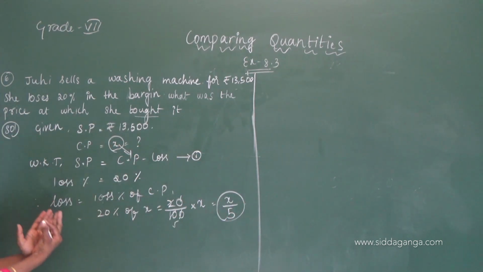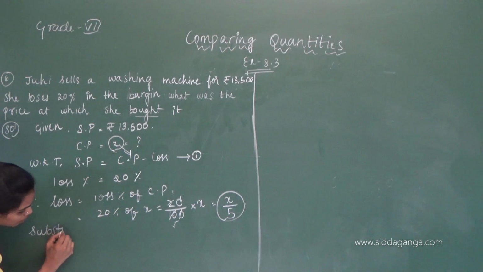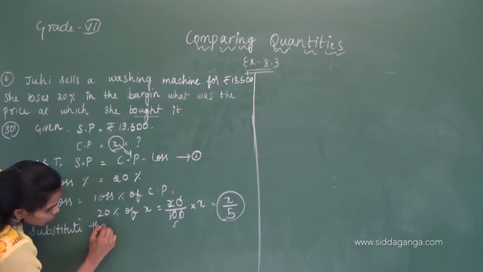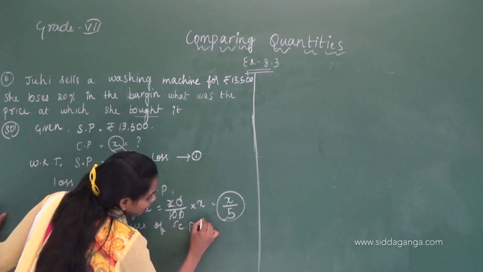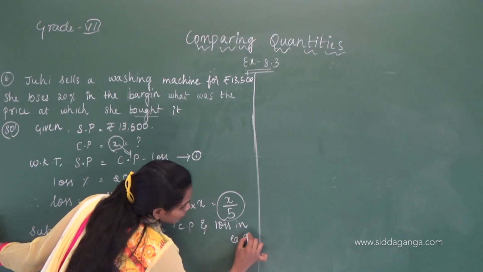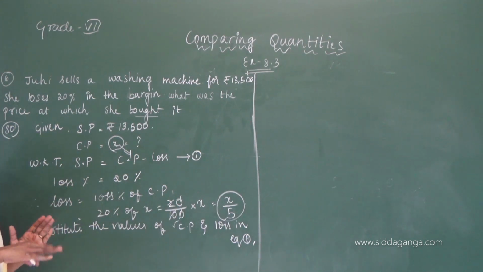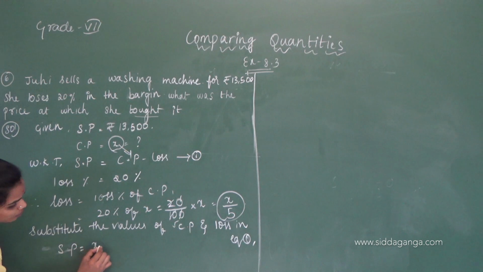Substitute the values of CP and loss in equation 1, we get SP equals X minus X by 5.